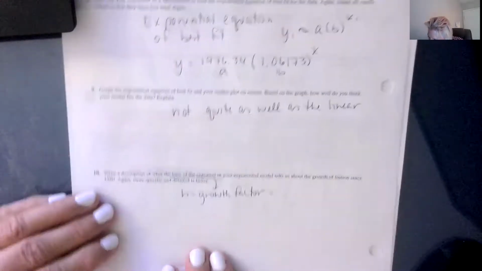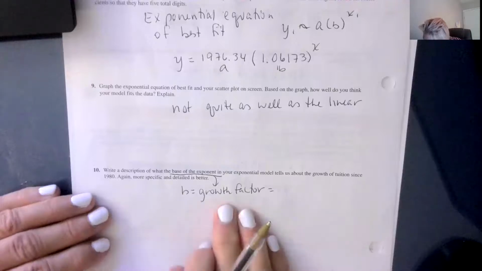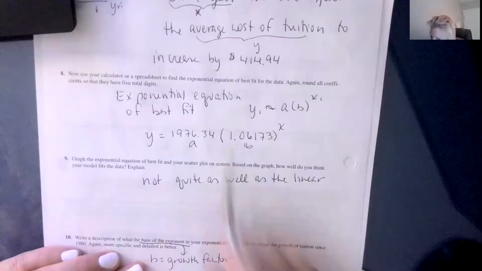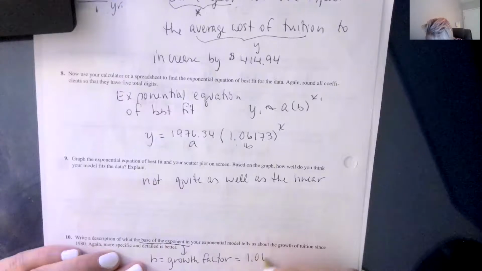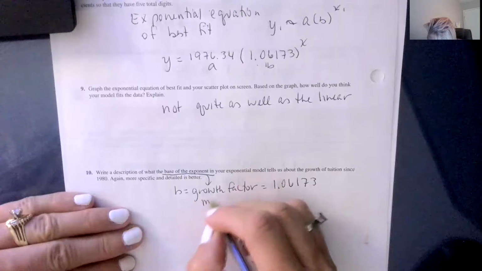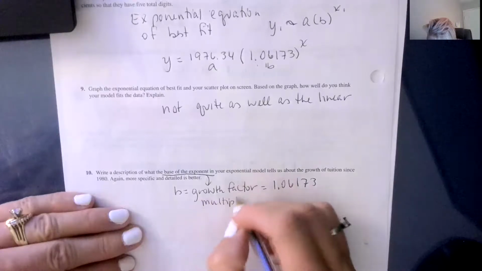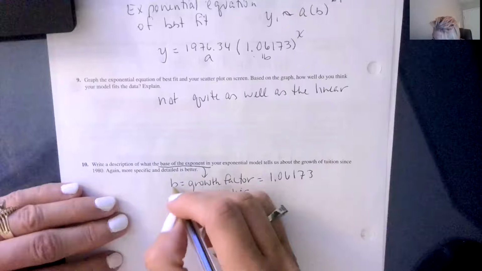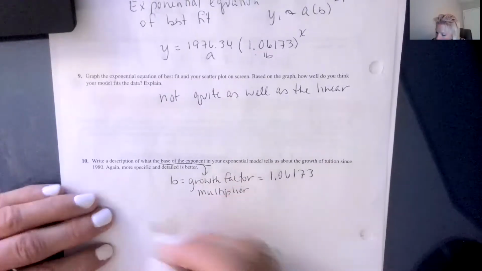And then it says, write a description of what the base tells you. Okay, so the base is our growth factor, which is 1.06173. Our growth factor, remember, is our multiplier to go from one output to the next. But our growth factor is used to really get us to our relative change.